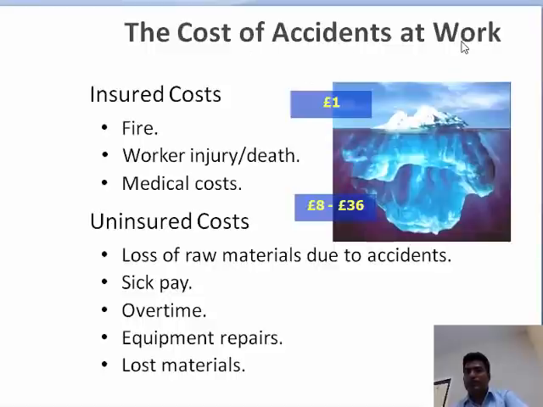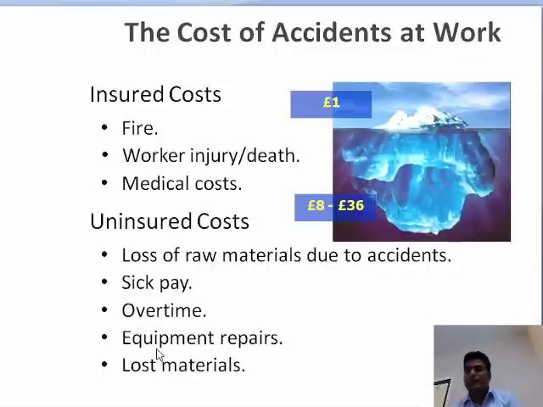Let's understand using this figure, the cost of accidents at the workplace. There will be two costs, insured cost and uninsured cost. Insured cost is paid by the insurance company, and you can claim it from them, but uninsured cost you can't claim from the insurance company. Insured cost means fire, worker injury, death, and medical cost.